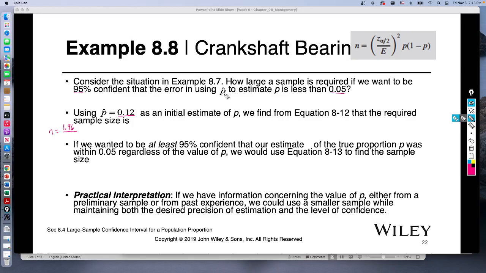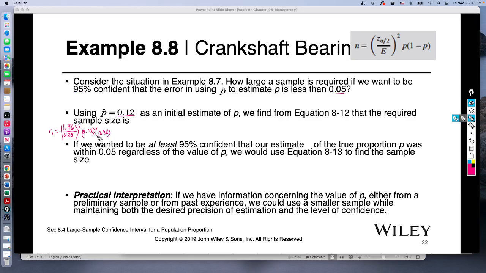We want to be confident that the error using p hat to estimate this is less than 0.05. We square that, and then we multiply by 0.12 and 0.88, so 1 minus 0.12.